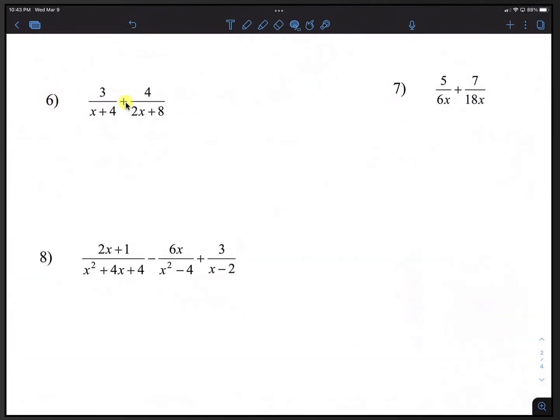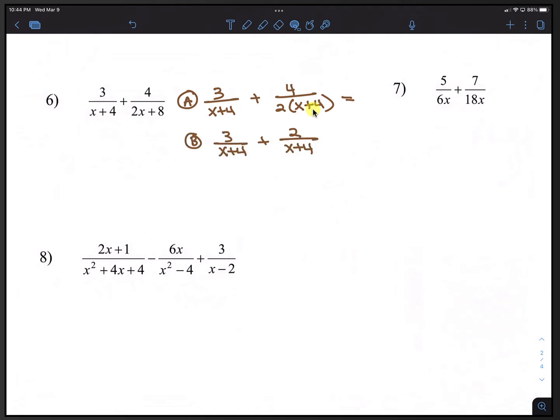All right, in number 6, we're adding these two fractions together. And then we always want to factor wherever possible, so in the 2x plus 8, we can factor out a 2, and that'll be 2 times x plus 4. Then the 2 and the 4 can reduce, so 2 goes into 4 twice.